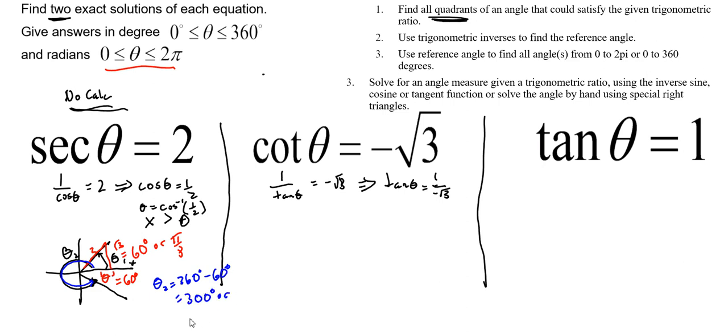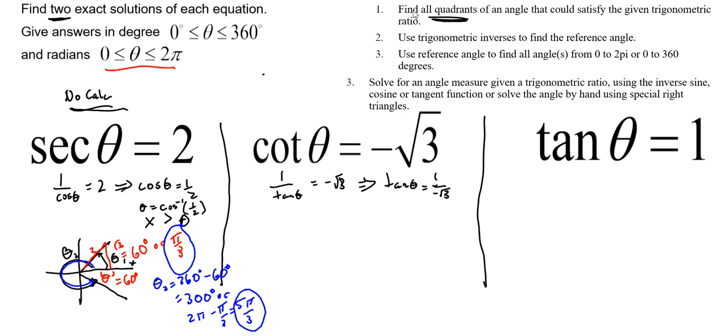Or we could take 2 pi, because that's 360 degrees in radians, minus pi over 3. And that's going to give us 5 pi over 3. So we have an angle here of pi over 3, angle 1, and angle 2. Cool. And we find our two exact solutions.